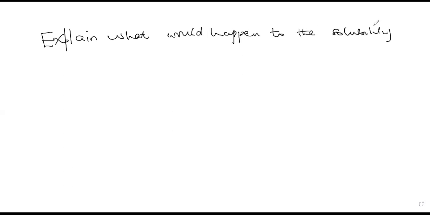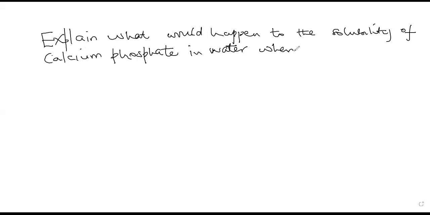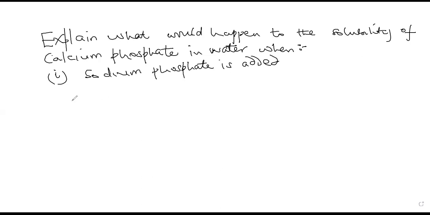Explain what would happen to the solubility of calcium phosphate in water when, 1, sodium phosphate is added, 2, calcium nitrate is added.